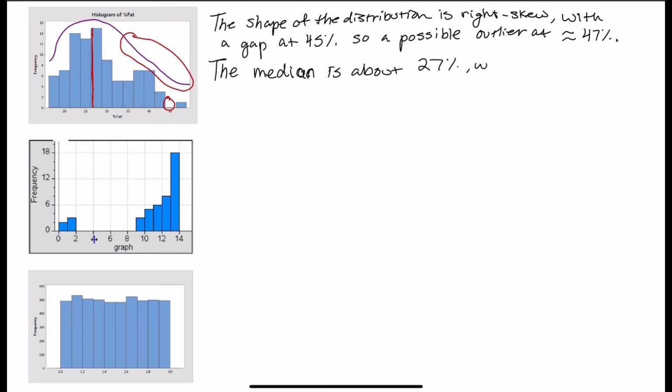And we're dealing with range again for our spread. So our range, let's see, we're dealing with a maximum of, again, let's say 48%, just to be on the safe side, minus, well, our smallest value is probably about 16 or 17, so that's going to get us a range of 32.